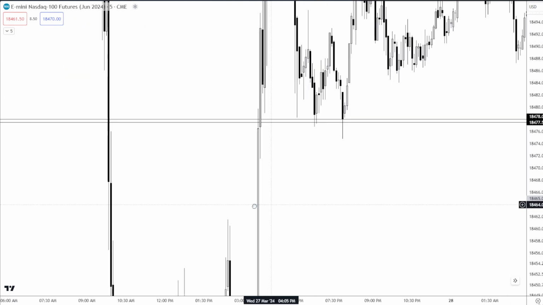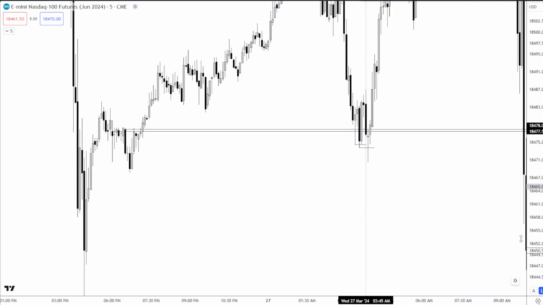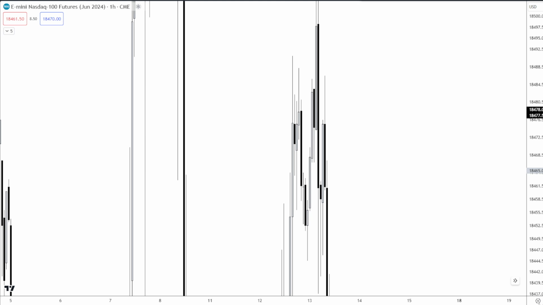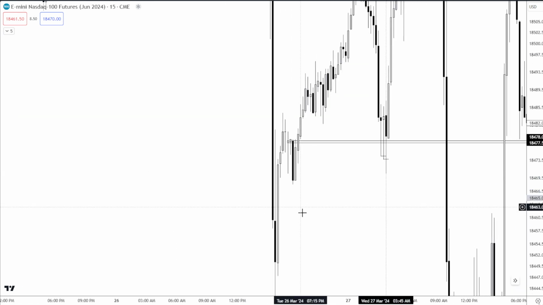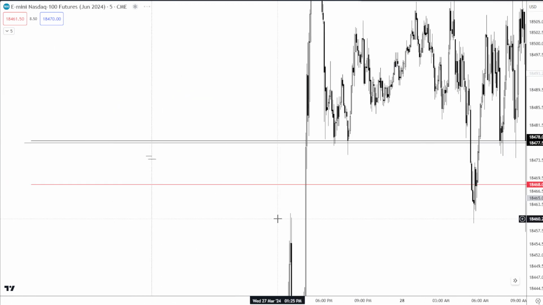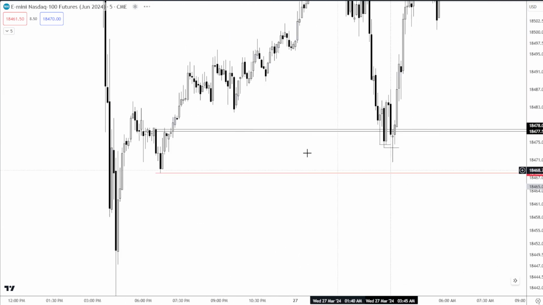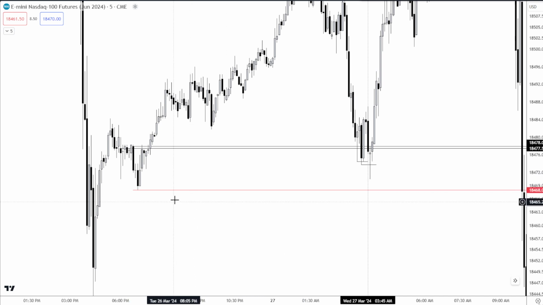So where do you place your stop on this? You can either put it below the key level, which is, I'm guessing, this down close candle, so you have your stop here, or at an intermediate term low, which is also that low.